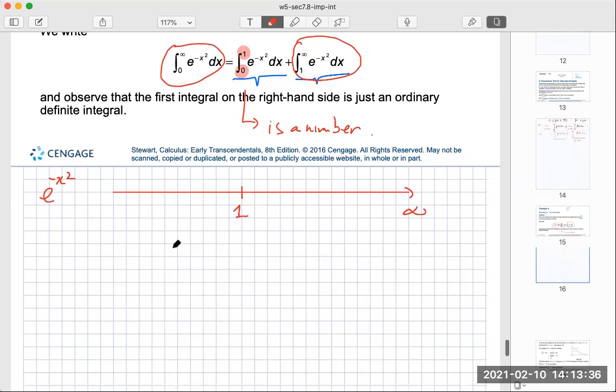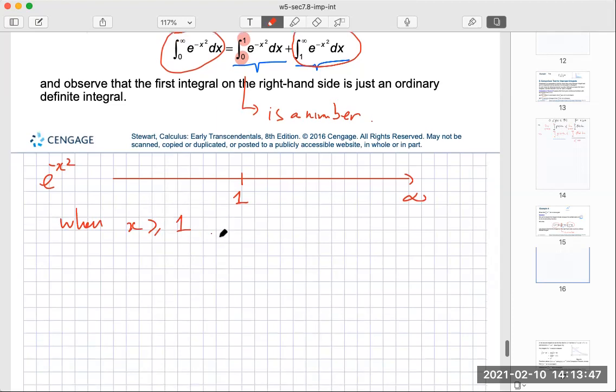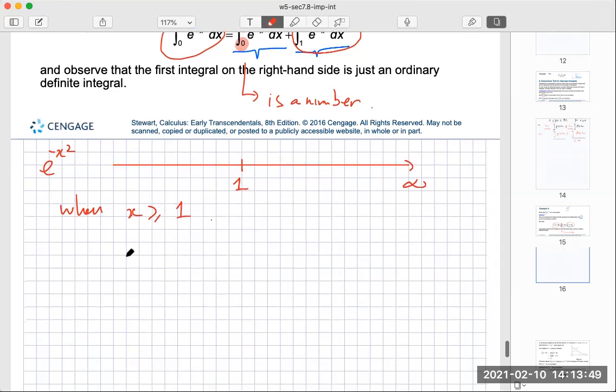We observe that when x is larger than 1, what is x squared compared to x? Which one is bigger? Yeah, x squared is bigger than x, right?